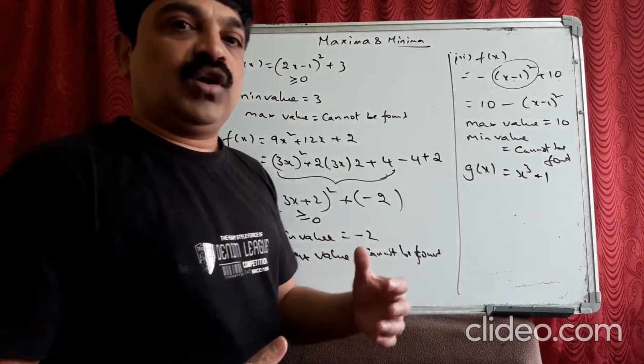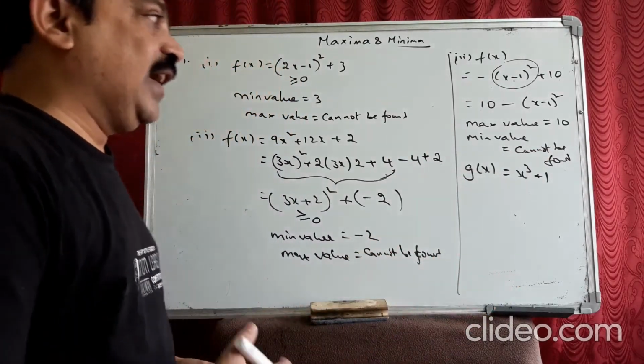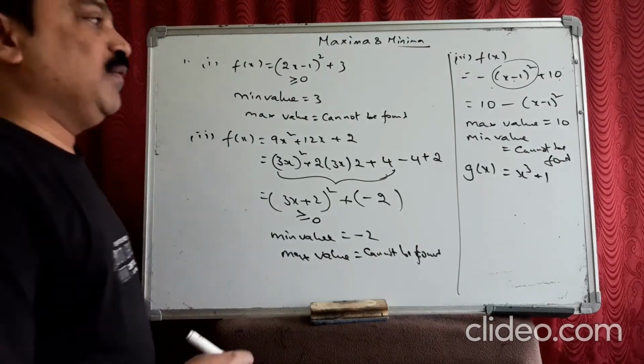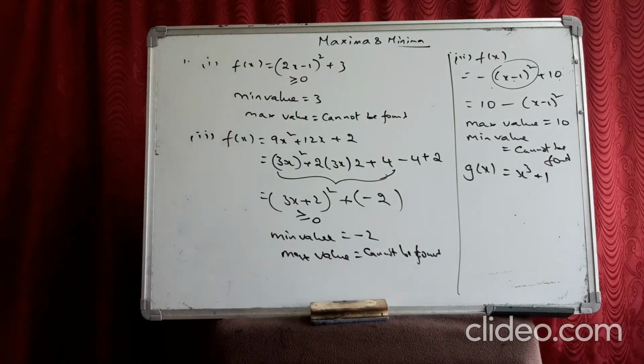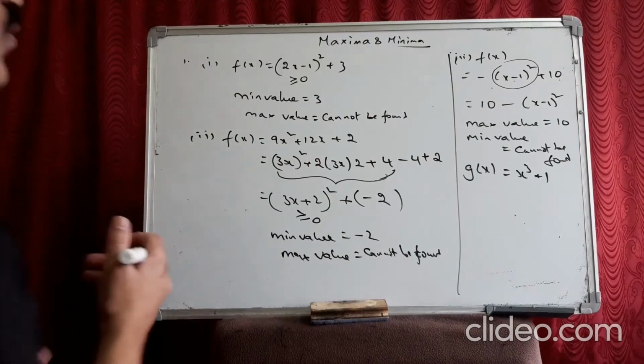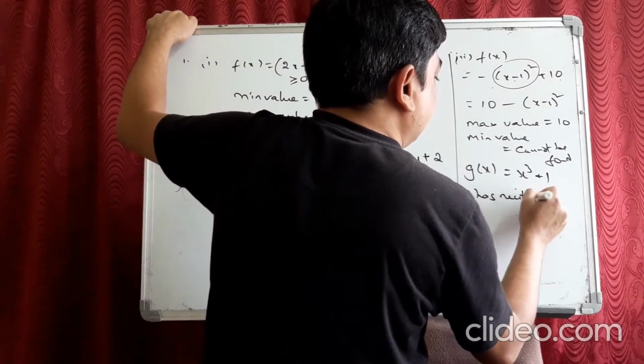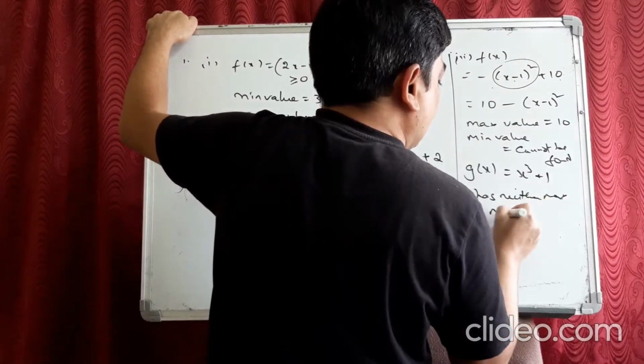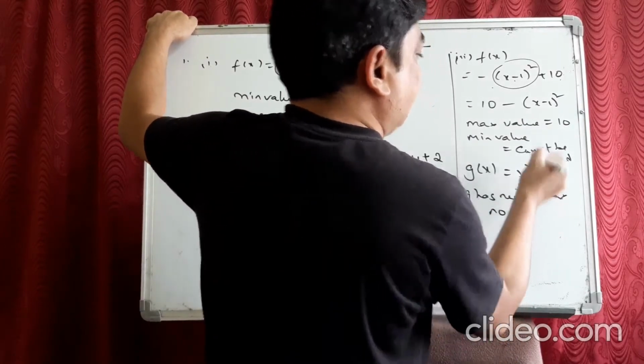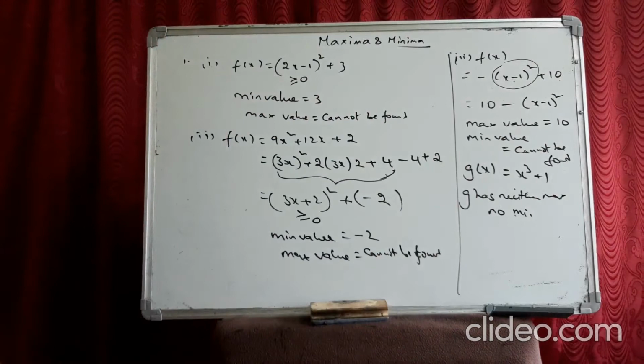It doesn't have a maximum or minimum value. So what do we write here? g has neither maximum nor minimum, because we don't know where it starts, where it ends, because the power is odd.